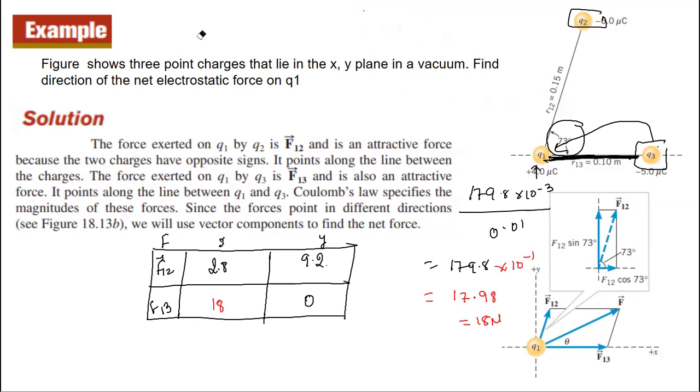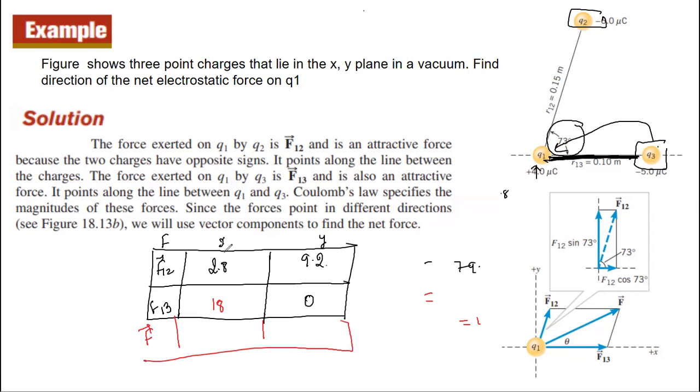So what you will do is add all the x components, and add all the y components. So let's do that. I will find the net force, and my total x component now becomes 2.8. I can roughly consider it as 3 to make my life a little easier.